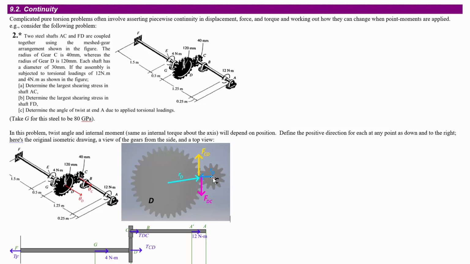We have a smaller radius, meaning that we have less torque applied to C compared to the torque that gets applied at D. But that also means that the angle that C rotates through is larger than the angle that D rotates through. So the work done, which is torque times the angle, just like work is force times distance, is going to be the same. That's how energy ends up being conserved from one gear to the other.